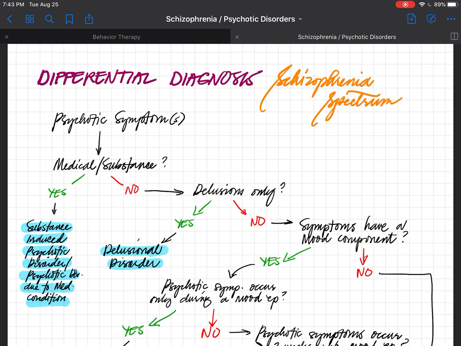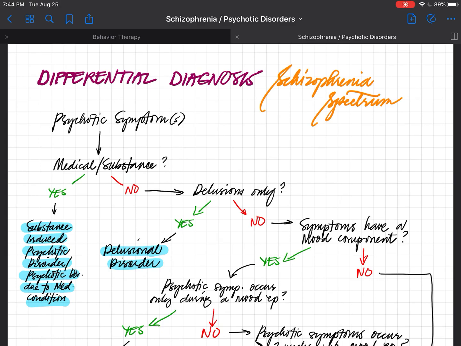So first, we have to look at whether it is substance induced. So meaning, has the person been taking substances or medication that may have caused him to experience those psychotic symptoms? Or does the person have a medical condition that may be influencing the occurrence of the psychotic symptom?